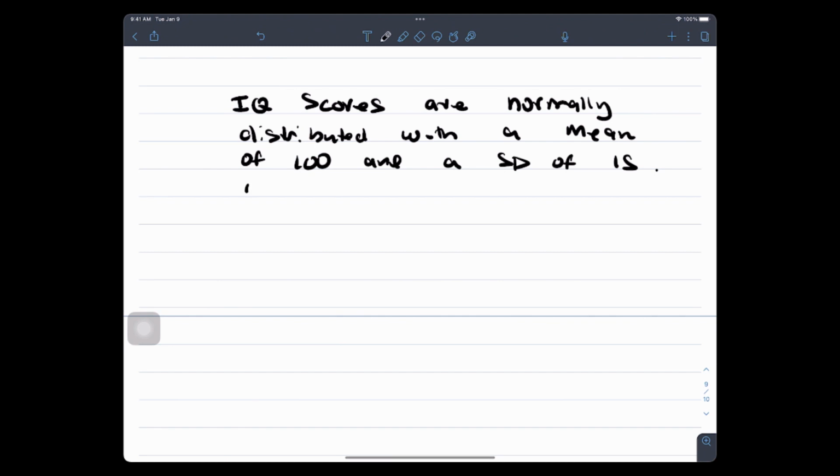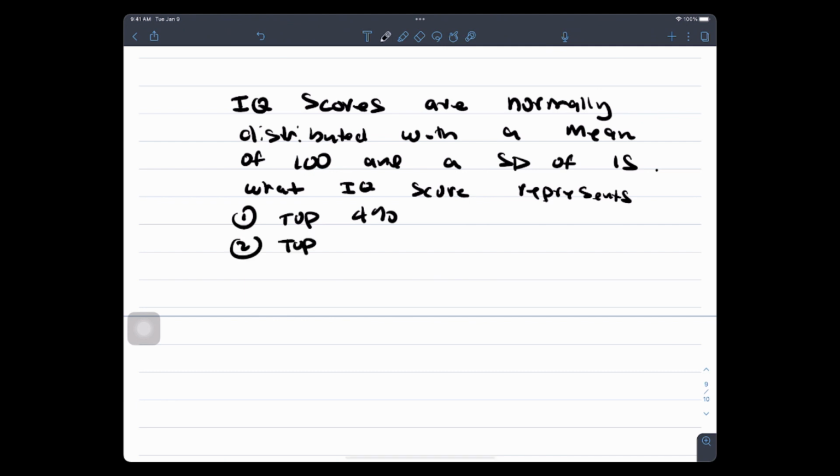Okay. What IQ score represents: Question 1, the top 4%. Question 2, the top 2%.